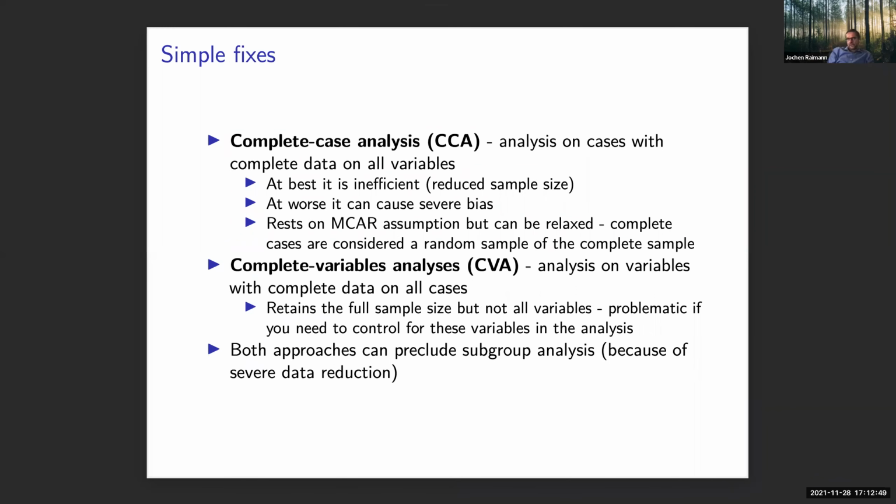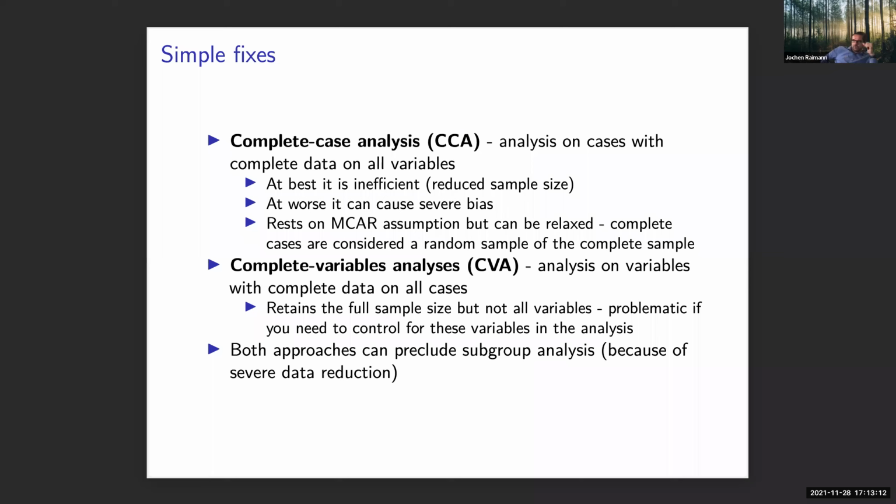So when thinking about missing data, essentially you have simple fixes. You essentially have a complete case analysis and complete variable analysis. Complete case analysis would be analysis on cases with complete data or variables. At the very best, it's very inefficient because it reduces your sample size.